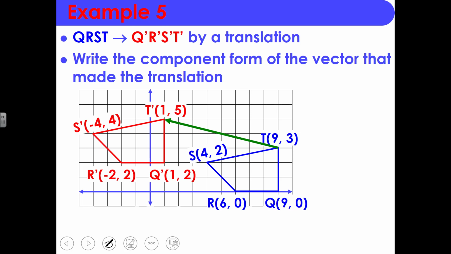This green vector has a horizontal component and a vertical component. Its horizontal component is, let's see, 1, 2, 3, 4, 5, 6, 7, 8 units to the left. So that would be -8. And then you would have to move up by 2 units. So that would be +2. So the vector would be <-8, 2>.